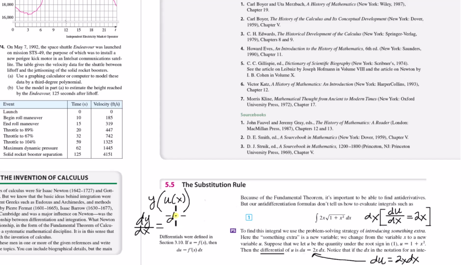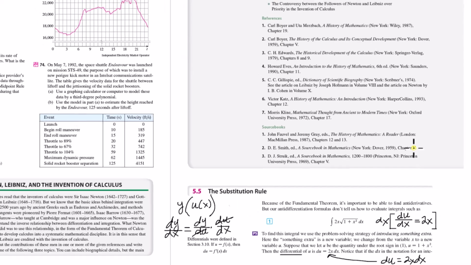You say dy du times du dx, and that gives you dy dx. If you treat these as actual ratios, then you could cancel the dus. But the textbook made it clear that we shouldn't technically think about it this way. You don't think about these as quotients. You don't think about these as actual numbers.